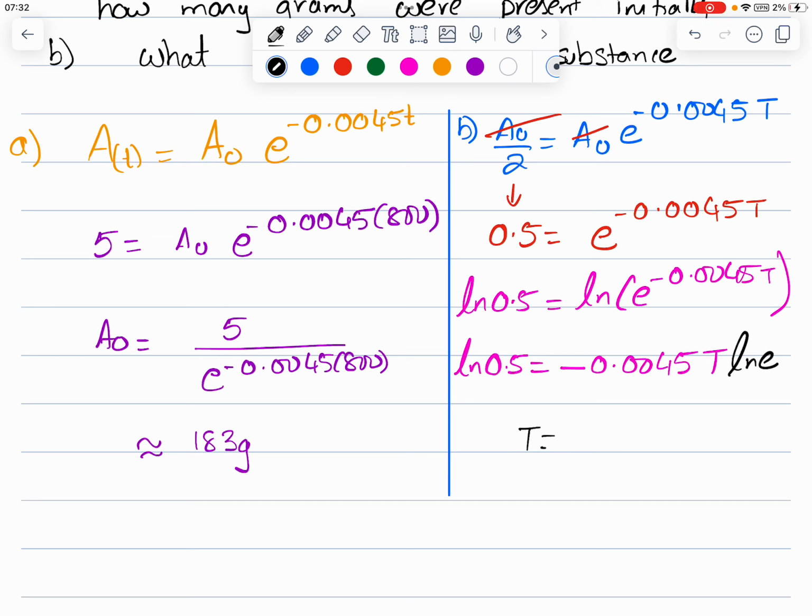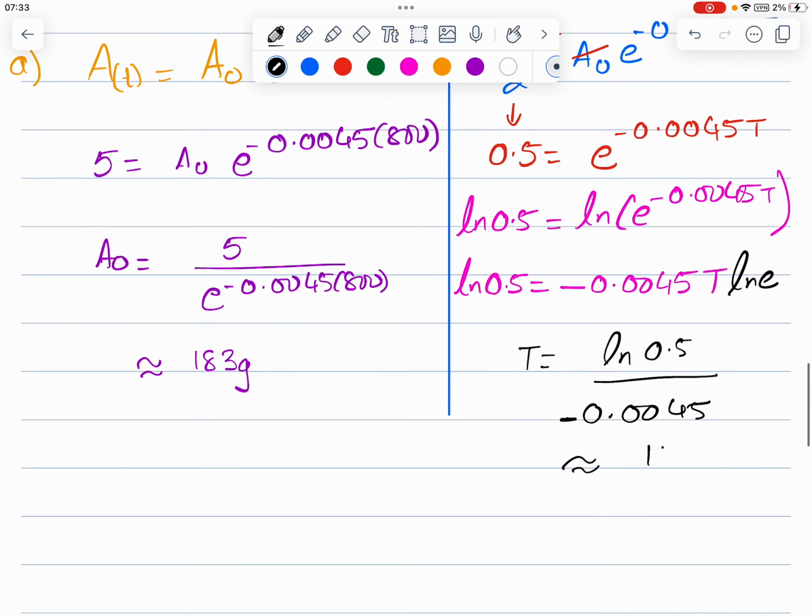So from there, t equals ln 0.5 divided by minus 0.0045. Simplify that, and you should get approximately 154 years. So don't forget to write the units. That's going to be the answer for question number 2.